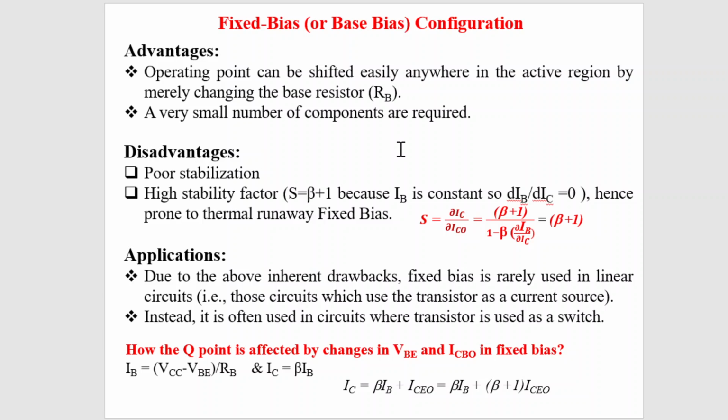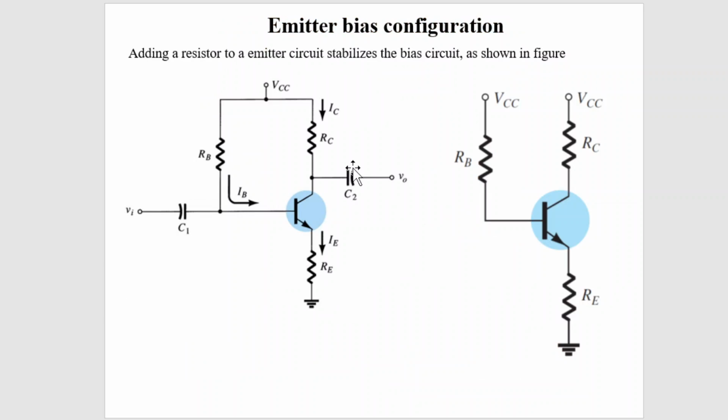So in order to overcome the poor stabilization of fixed bias configuration, if we just include an emitter resistance at the emitter terminal in the same fixed bias configuration, that is RE, then the same biasing configuration is called an emitter bias configuration.